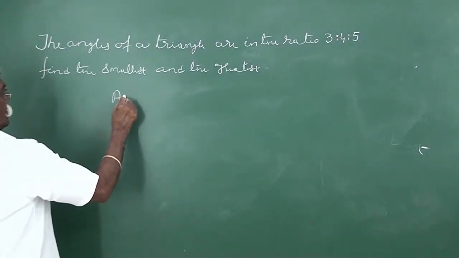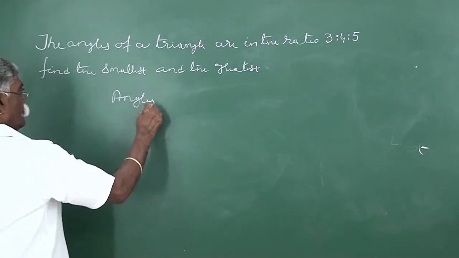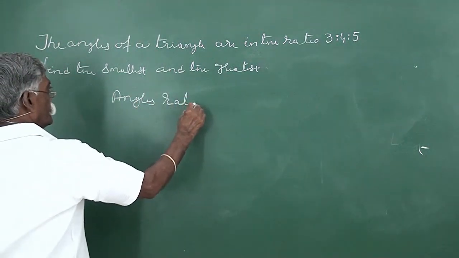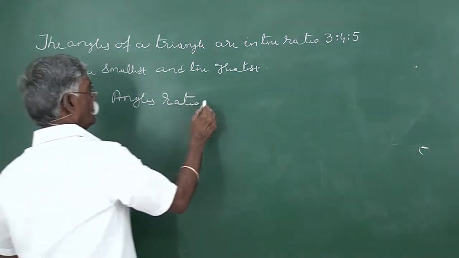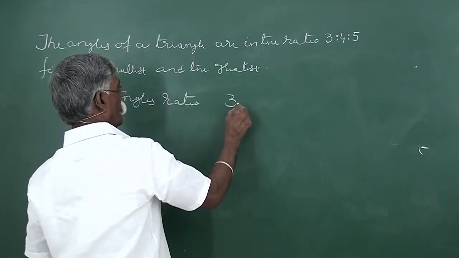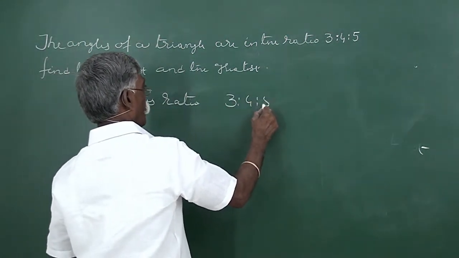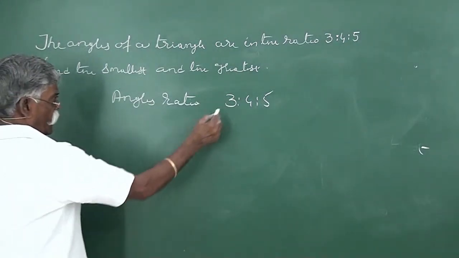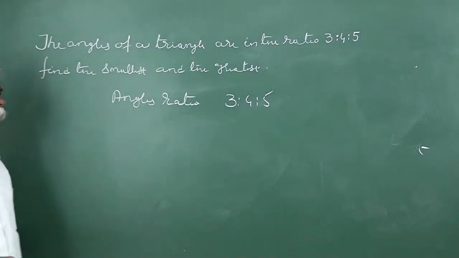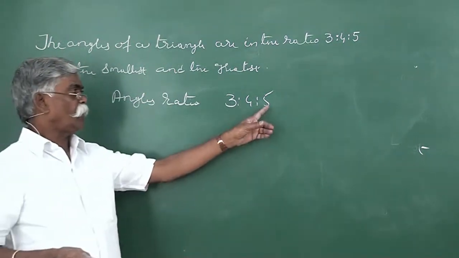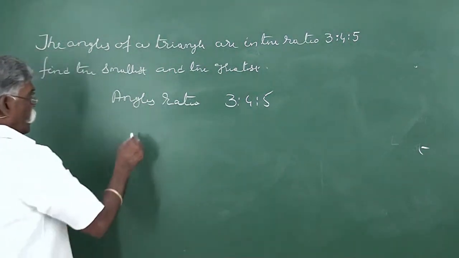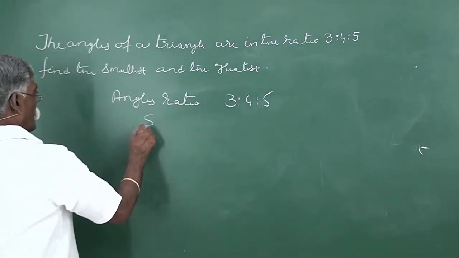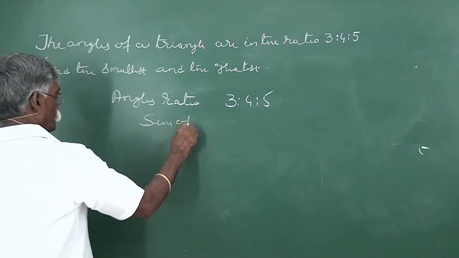So the angles ratio is 3:4:5. Therefore, 3 is the least side and 5 is the greatest side, and the sum of all the angles is 180 degrees.